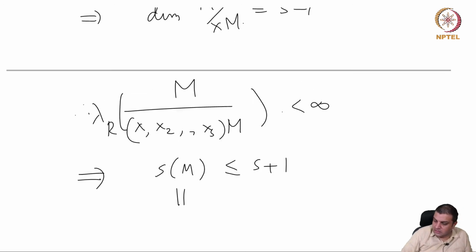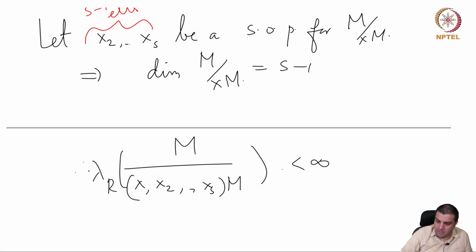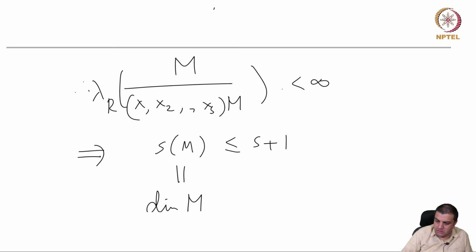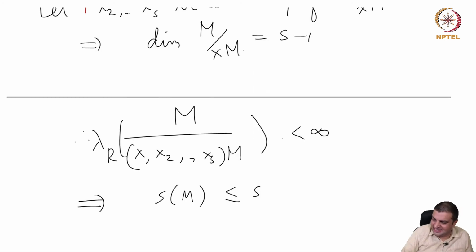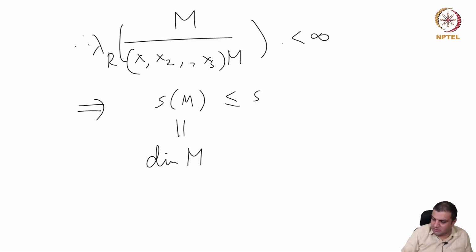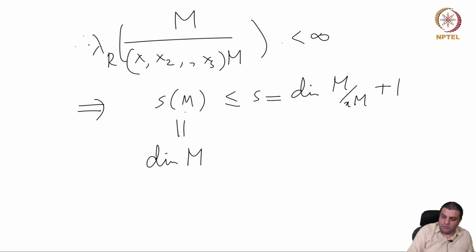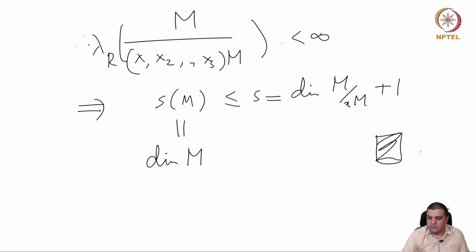Sorry, there are only S elements here, so S of M, which by the theorem is the dimension of M, is less than or equal to S. And S is equal to dimension of M mod xm plus 1, which is what we wanted to prove. Dimension is less than this, and we already proved the other inequality, so this proves it.